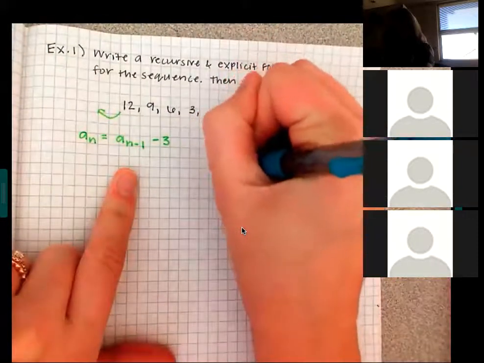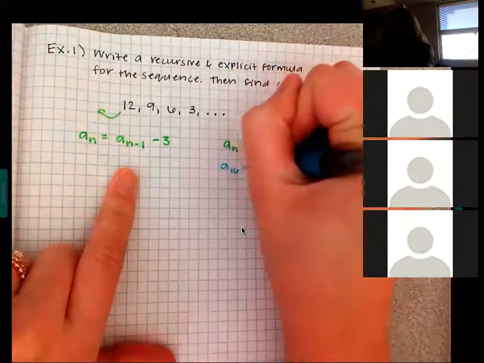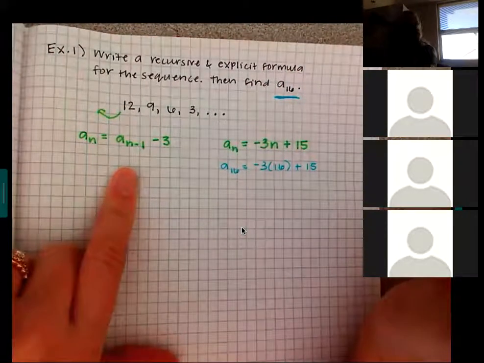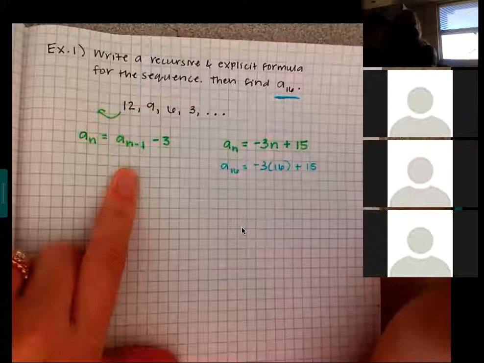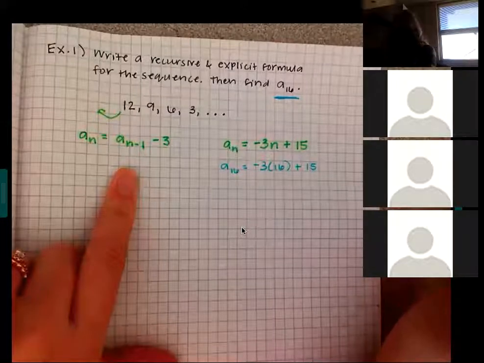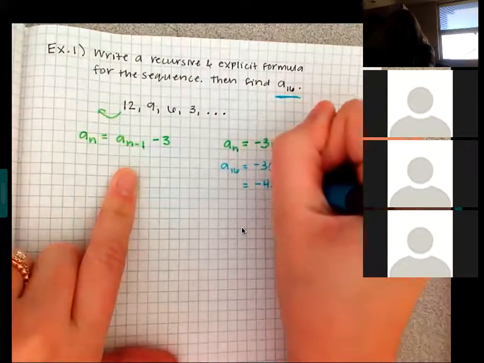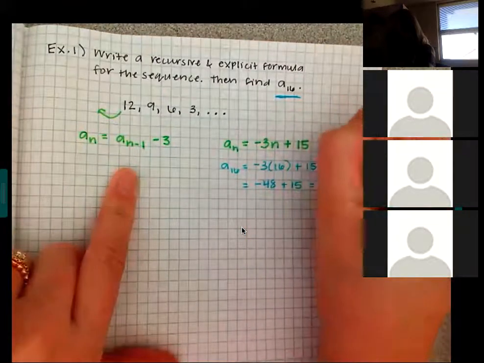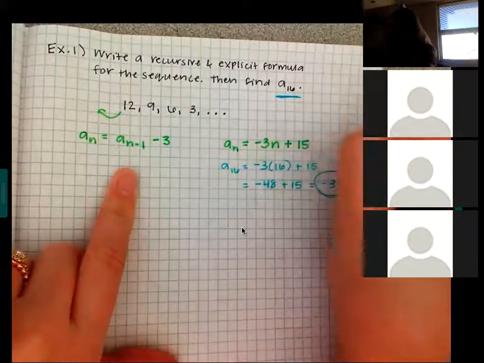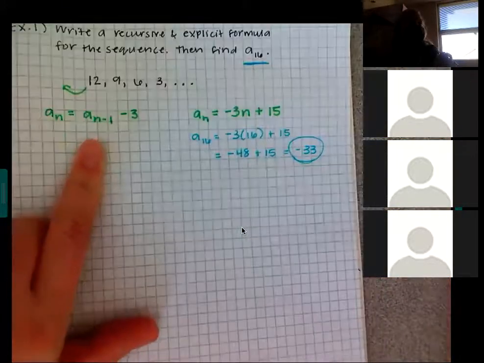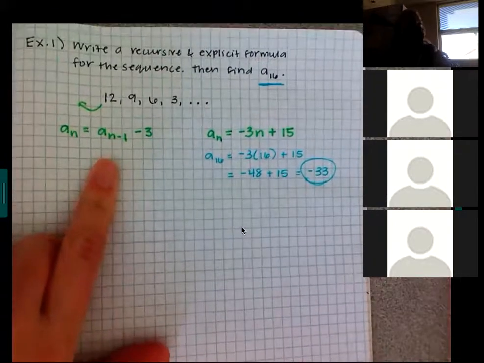So a sub 16, we're just going to do -3 times 16 plus 15. That'll tell me what the 16th term is. So that would be -48 plus 15, which would be -33. That's it. That's all you're doing for arithmetic sequences.